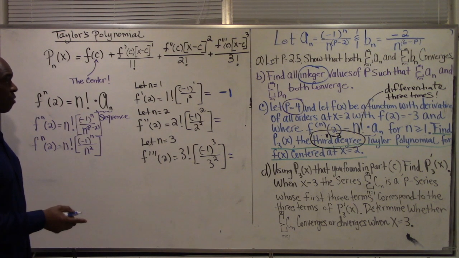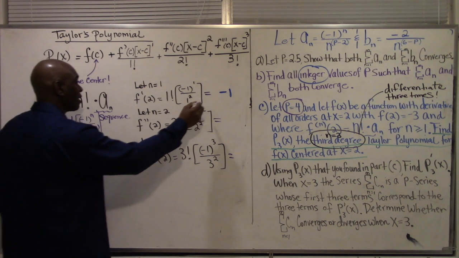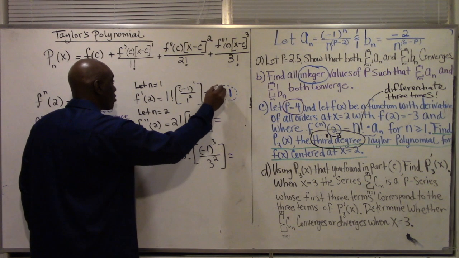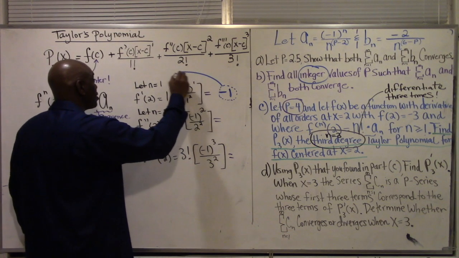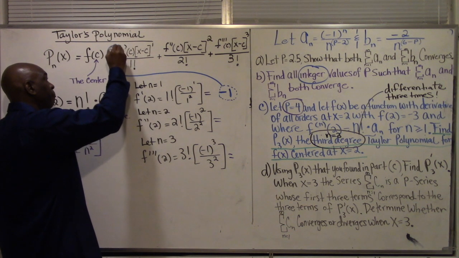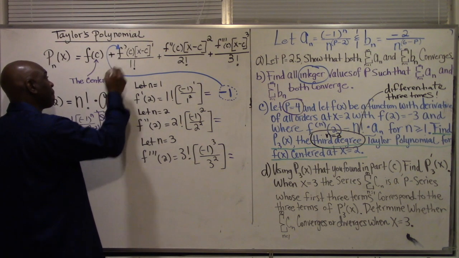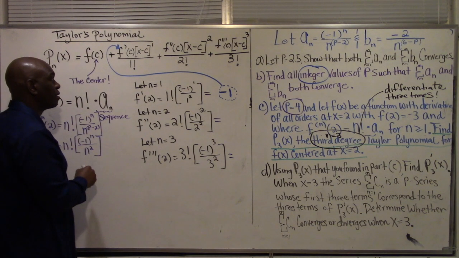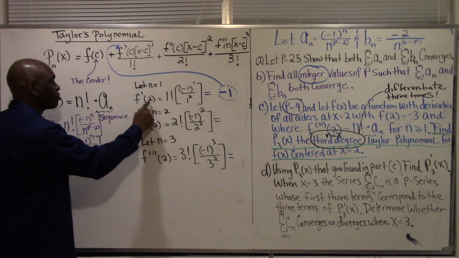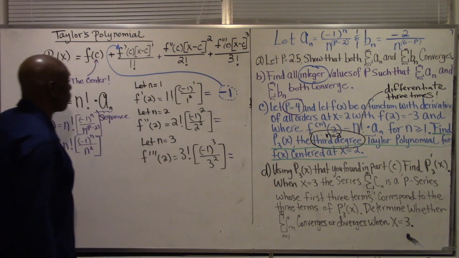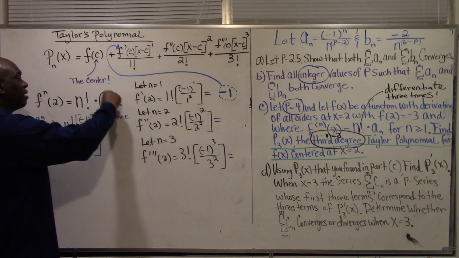Which means, follow me now, this negative 1 is going to go in this position right here. That's f prime of c. Because c is 2. How do you know c is 2? Because the center is 2. So f prime of 2 is negative 1.